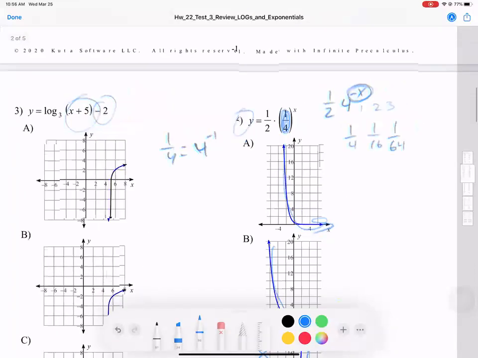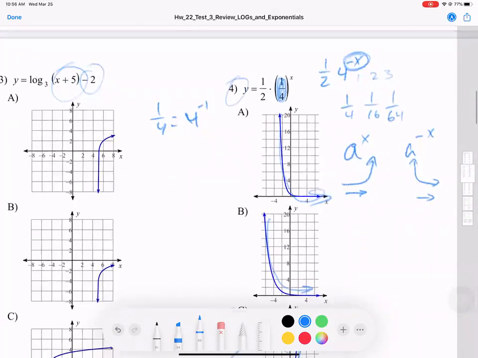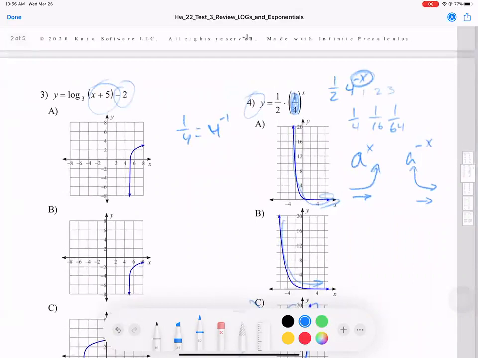So we had talked about this in your notes. If you look back at your notes when we first started exponentials, if it's, let's say, a to the x, this is increasing, but a to negative x, that's decreasing because the graph is getting smaller. So another value, if I plug in 0, what's anything to the 0 power? 1.